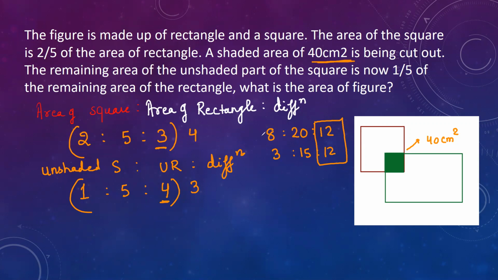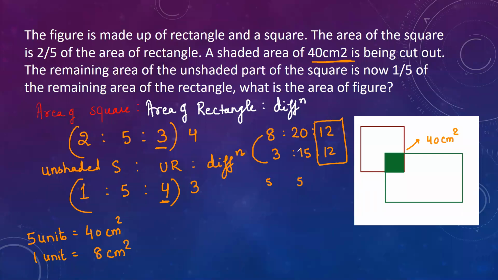If you check, 8 minus 3 is 5, and 20 minus 15 is 5. That means 5 units is equal to how much? 40 centimeter square. So 1 unit will be 8 centimeter square.